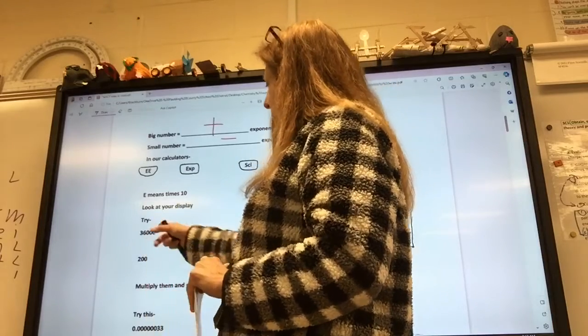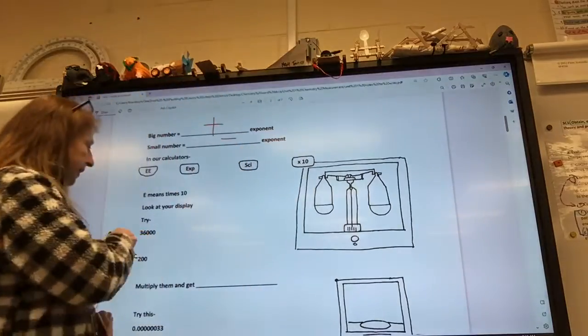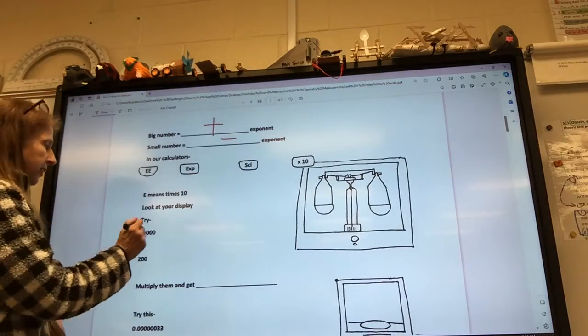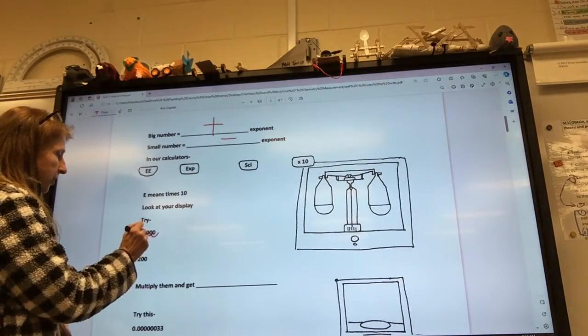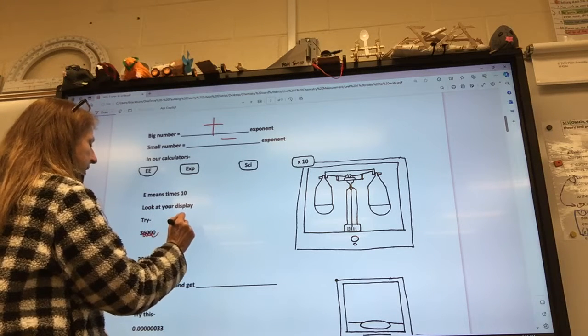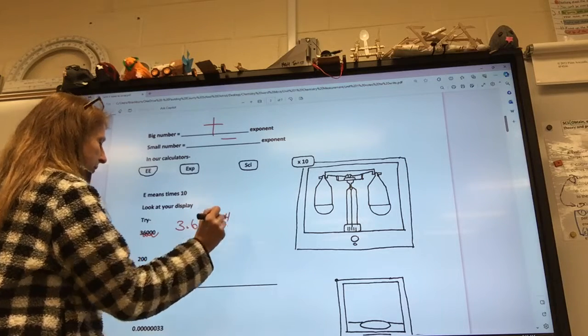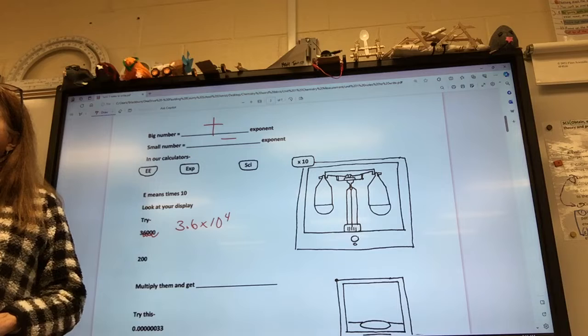So if we were going to put this number in our calculator, first of all, we're going to put it in scientific notation. So 1, 2, 3, 4 frog hops. This is 3.6 times 10 to the 4th power. Okay? Everybody got that?